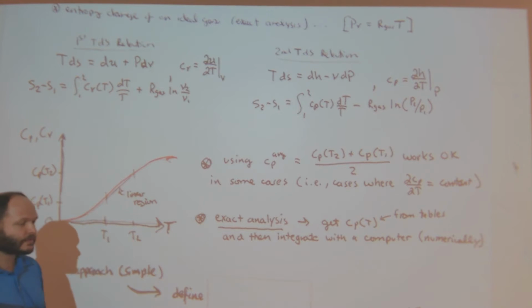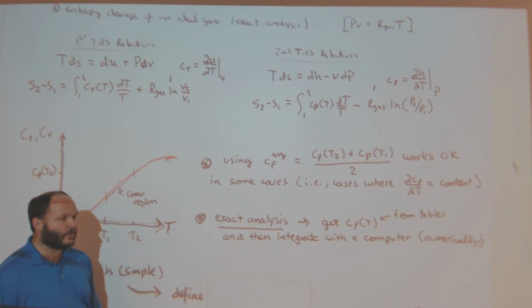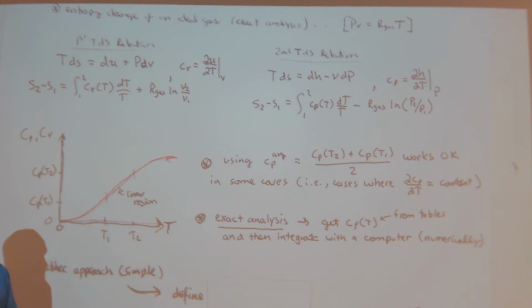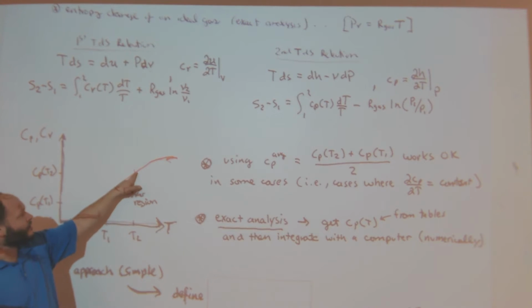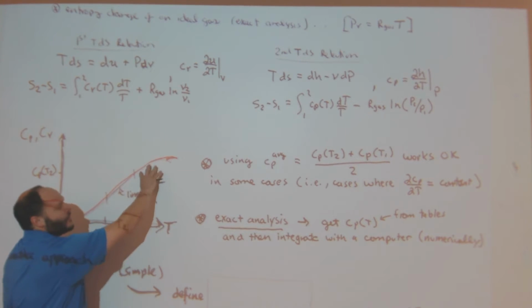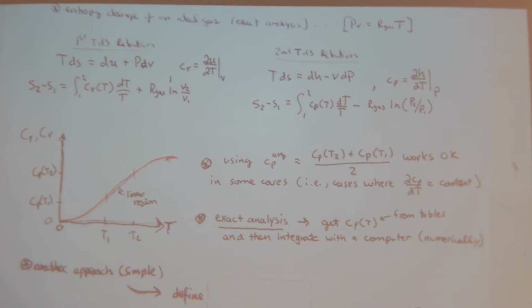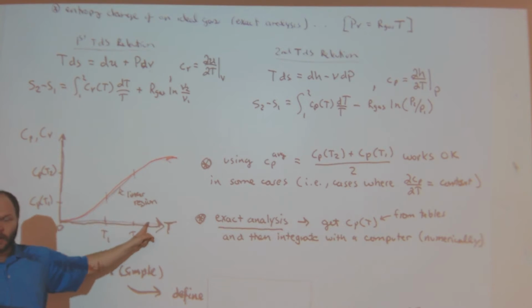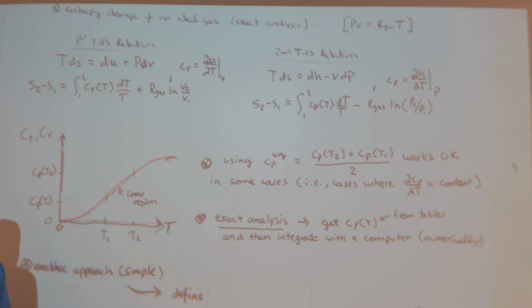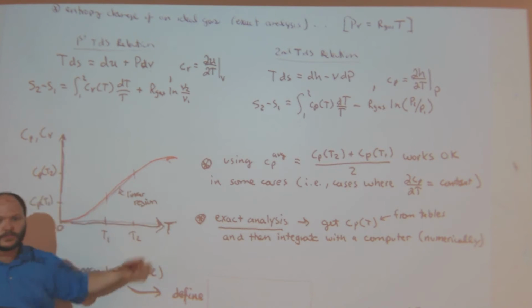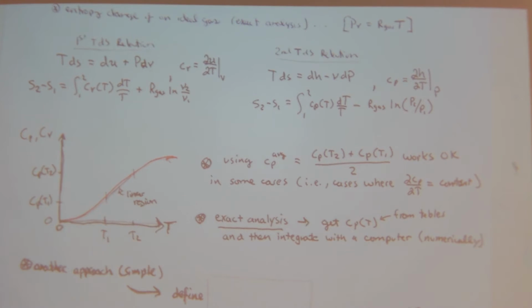How would this part of the curve change if right at T2 I go from liquid, I have a phase transformation? It would be flat. Okay, so one is flat. Any other guesses?